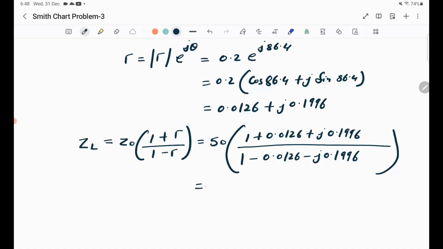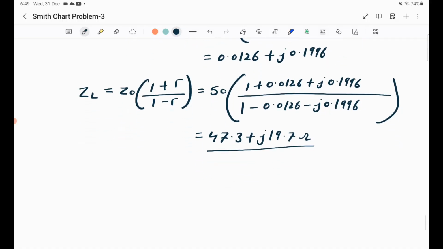So this turns out to be 47.3 plus j19.7 ohms. So this is the value you have found numerically using the formulas.